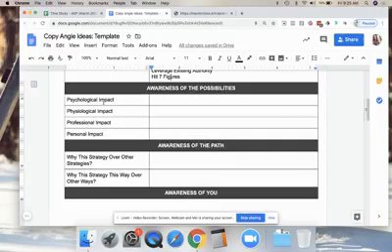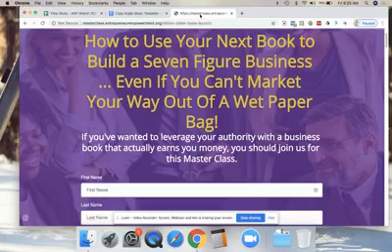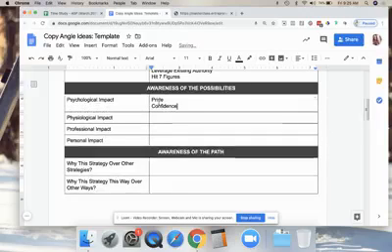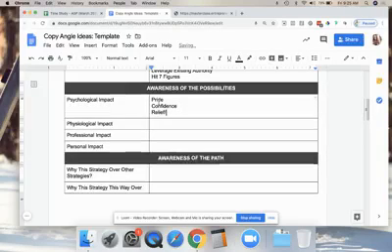What are some of the psychological impacts of getting your next book out there and having it hit 7 figures? Psychological impacts: the pride you feel, the confidence, the relief, reduced stress from financial stability.